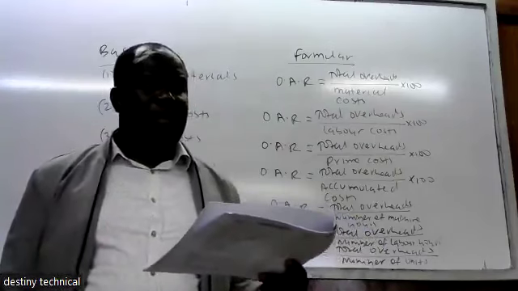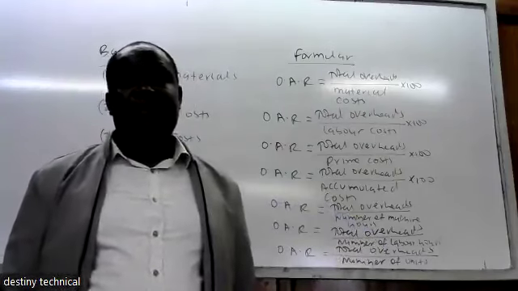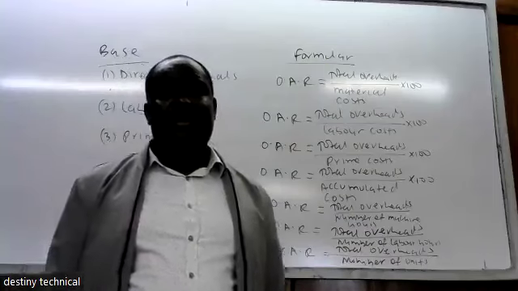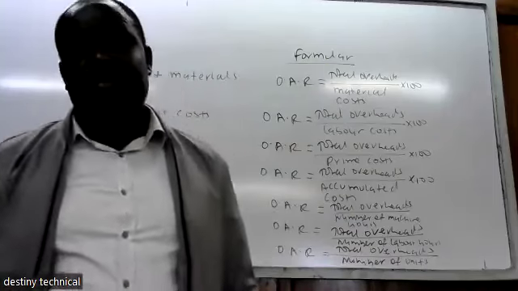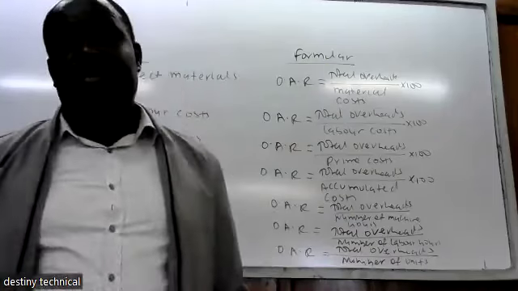Then telephone charges, ordinarily we use the floor area. The area that is highly occupied will incur higher costs. Then depreciation, we shall be using the value of the machine being depreciated.